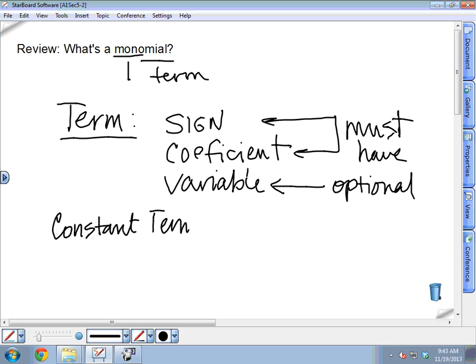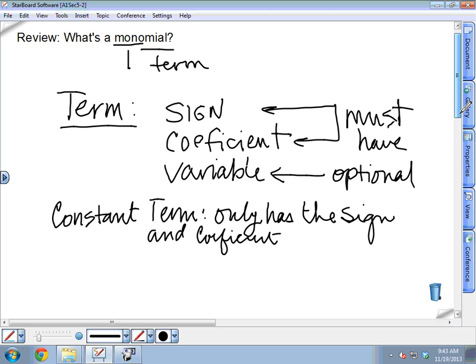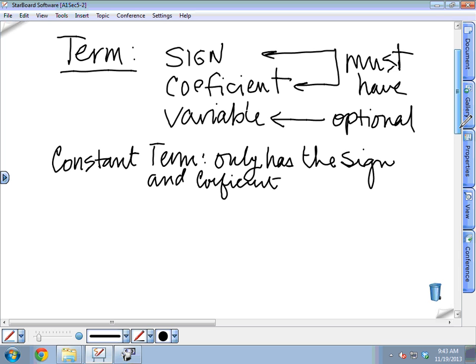A constant term only has the sign and coefficient number. Okay? Examples. I'm just going to put it up just a little bit.